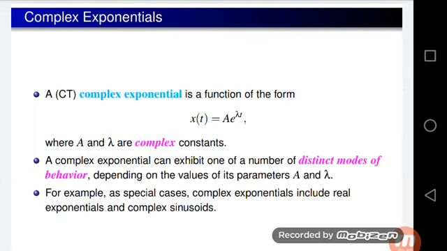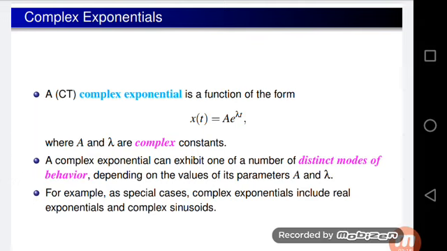That means it explains the individual behaviors of the waveforms depending on the values of its parameters A and lambda.